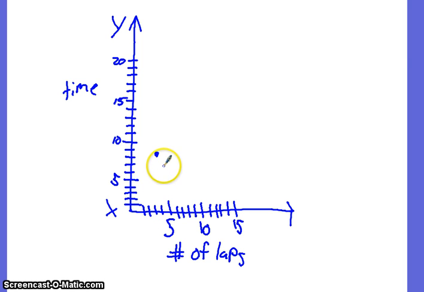This other person did 4 laps in 8 minutes. And then 2 laps in 3 minutes. So you're filling in a whole bunch of points, and you can't connect the dots on these.